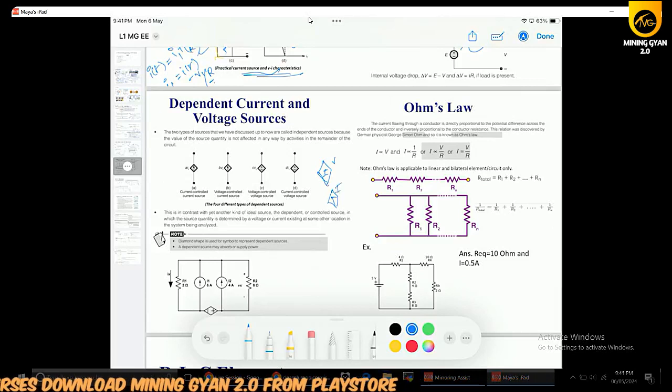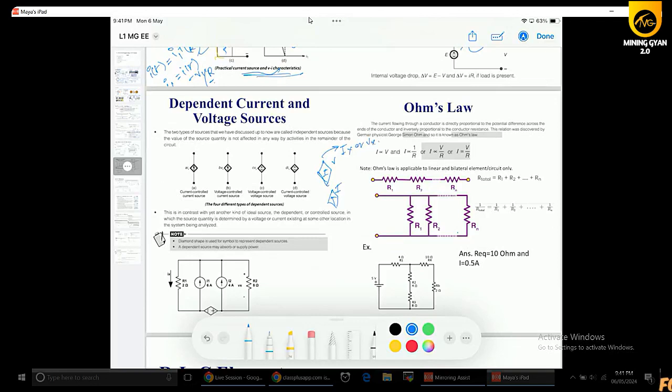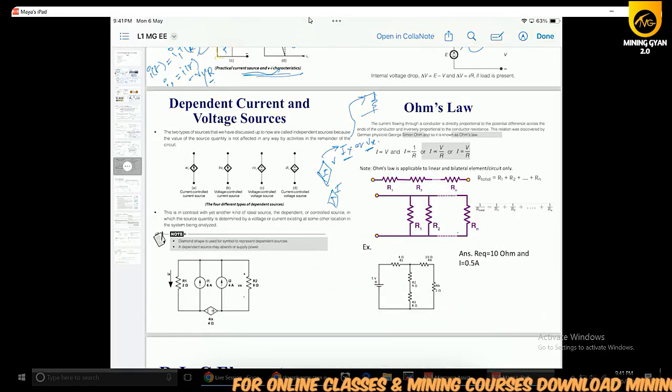Why are these called dependent voltage source or dependent current source? If it is a voltage source, it can be dependent on a different current or different voltage, and these current or voltage are related to a different element that is connected in the same circuit. You can observe this in this example.